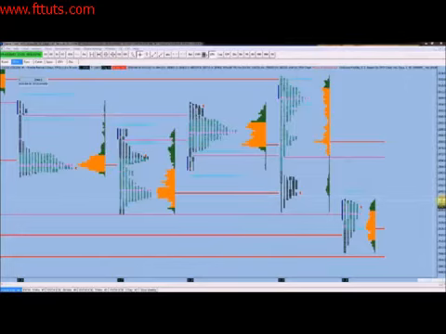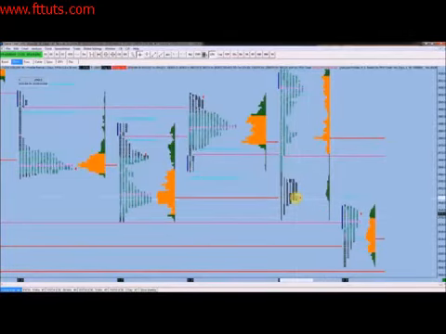Of course, yesterday is another classic day where we have closed extremely out of value. So of course, closing out of value meant that the previous day's value area low will be and should be an incredible area of resistance.